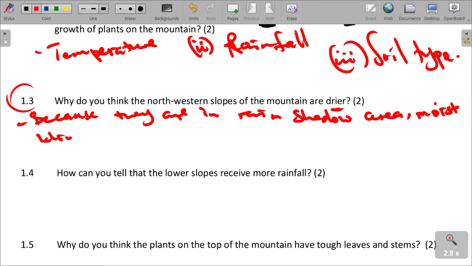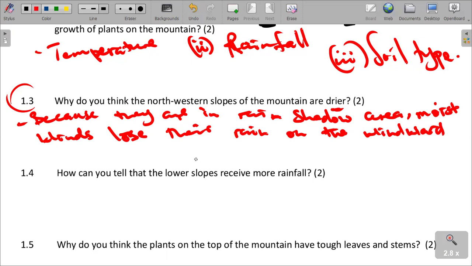Moist winds lose their rain on the windward side, leaving the northwestern slopes dry.